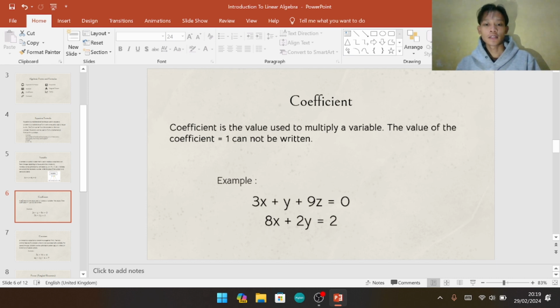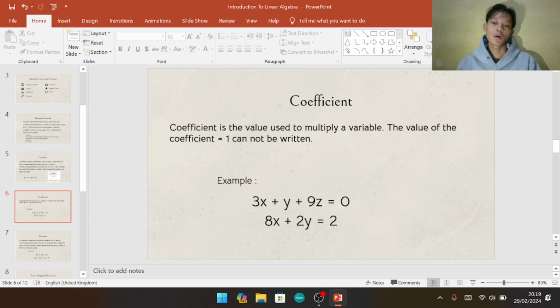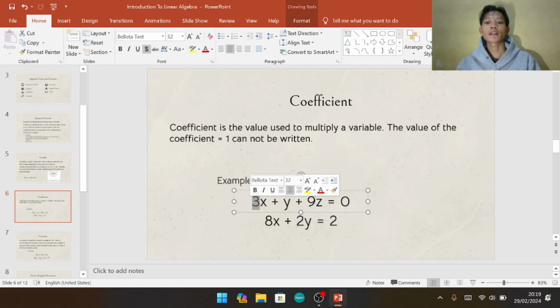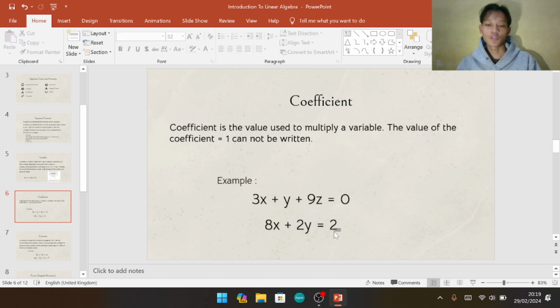Example: 3x plus y plus 9z equals 0. Coefficients are 3 and 9, and for y the coefficient is one. Another example, coefficients are 8, 2, and 2.